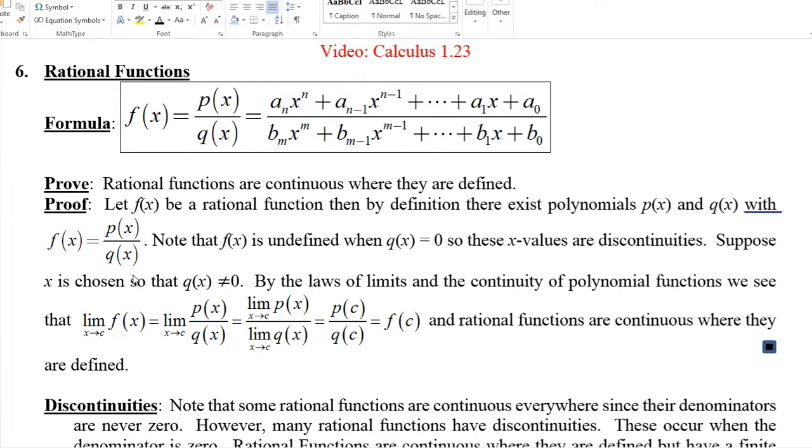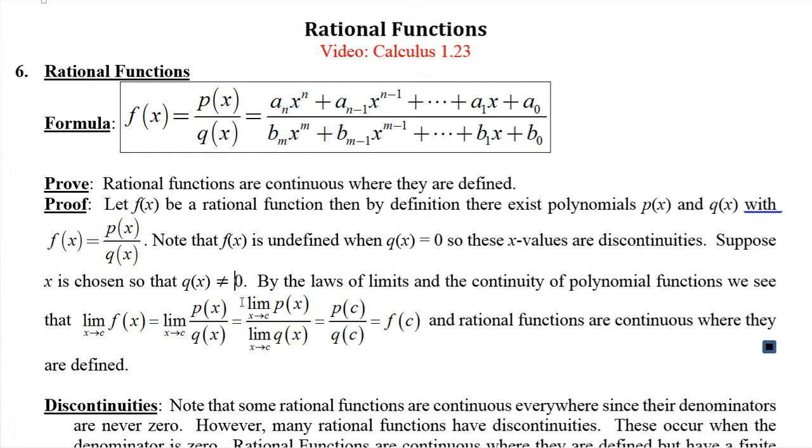Then by the laws of limits and continuity of polynomial functions, we see the limit as x approaches c of f of x is the limit of p of x over q of x, which is the limit of p of x over the limit of q of x, provided both these limits exist and are defined.